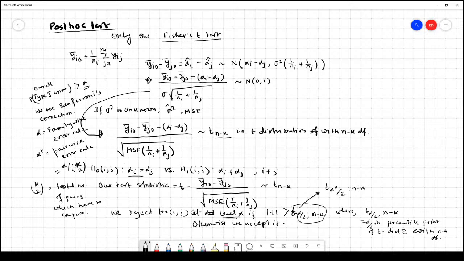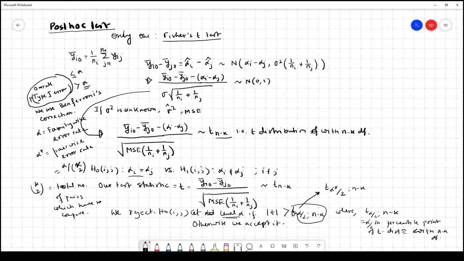If you use alpha star by 2, then the overall type 1 error will be less than or equal to alpha. So this is due to Bonferroni correction. When you use the Fisher T test, we should use Bonferroni correction.